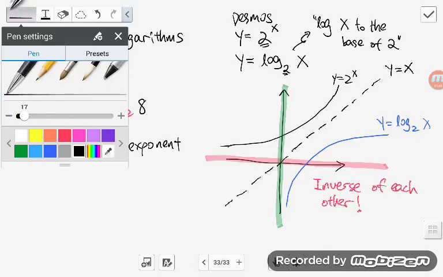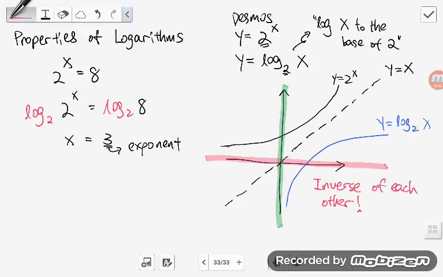then what? Let's say f of x is equal to 2 to the power of x, and let's say g of x is equal to log x to the base of 2.